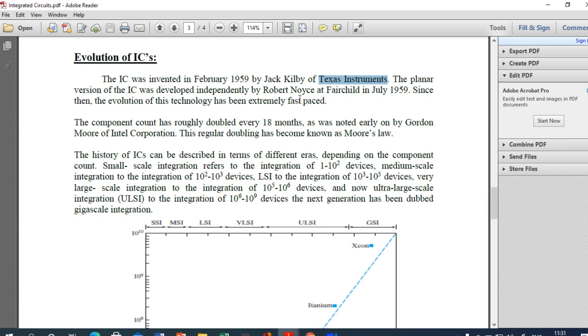Here, these ICs were developed independently by Robert Noyce at Fairchild in July 1959. Later on, the scientist Robert Noyce, in the company called Fairchild, started developing these integrated circuits independently. He started in February 1959, then started manufacturing them in July 1959.